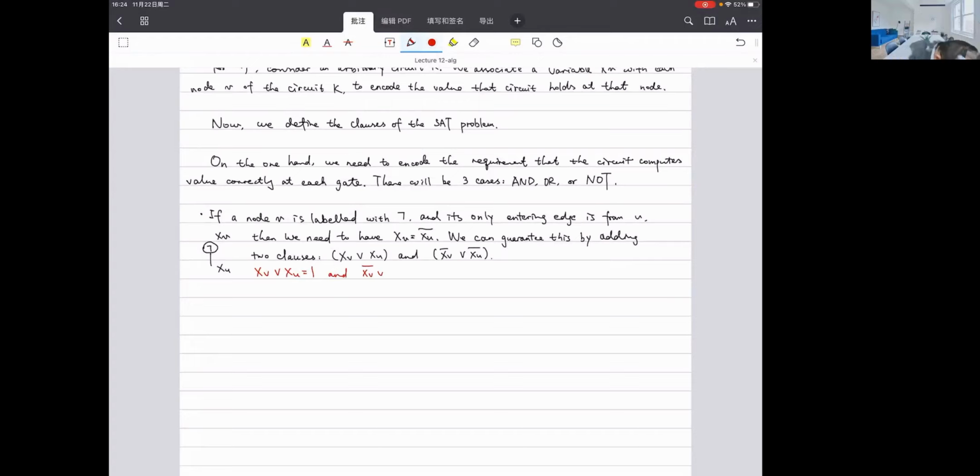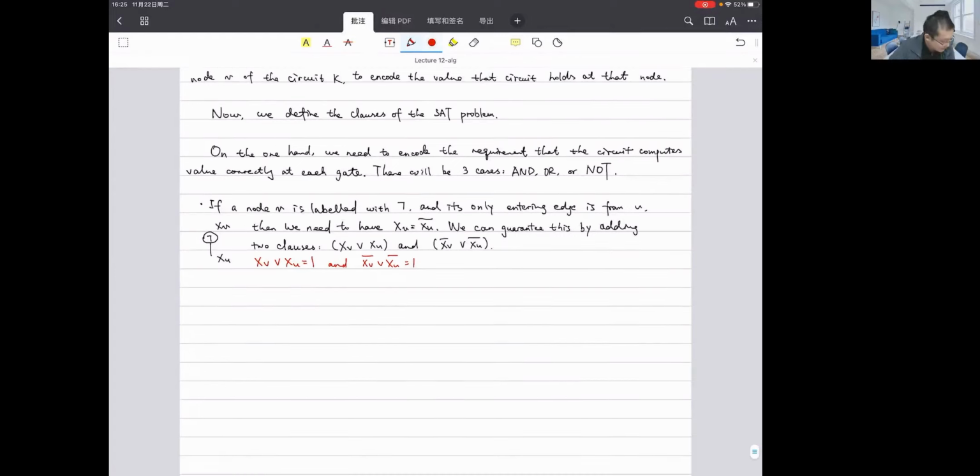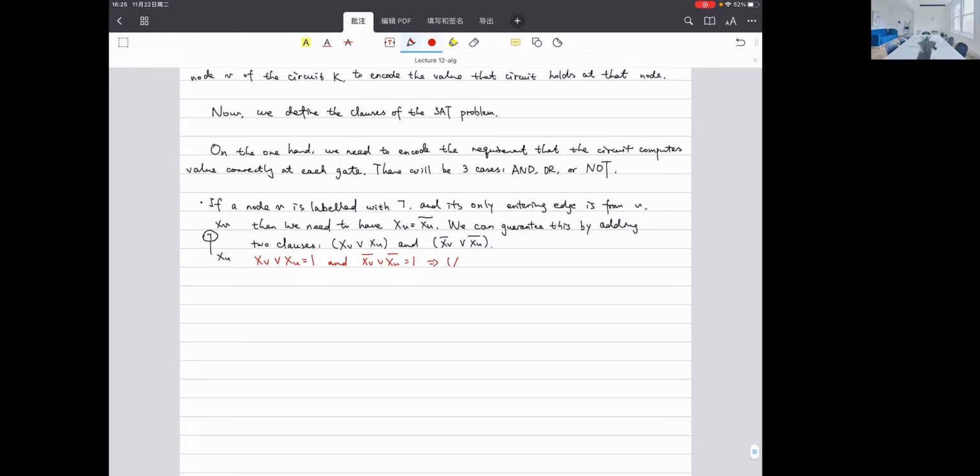We need to satisfy all the clauses, so both clauses have the value 1. If XV or XU equals 1 and not XV or not XU equals 1, then the value pair XV, XU is 0 1 or 1 0. If it is a 1 1 pair, this is going to be 0.